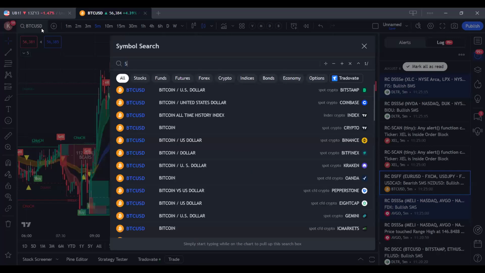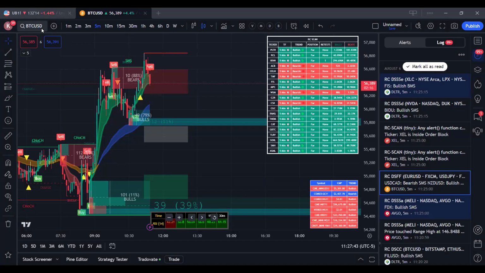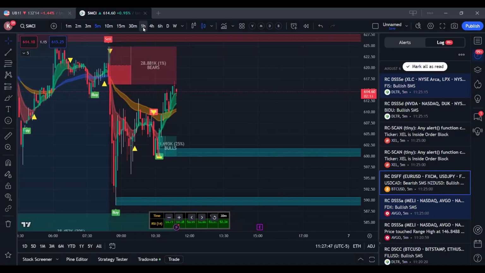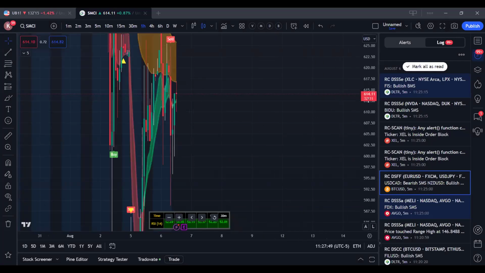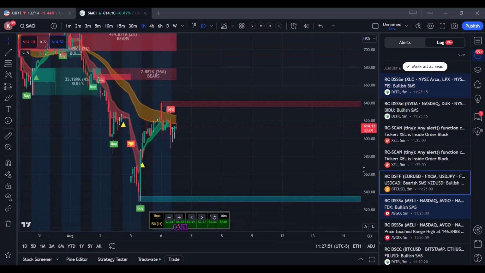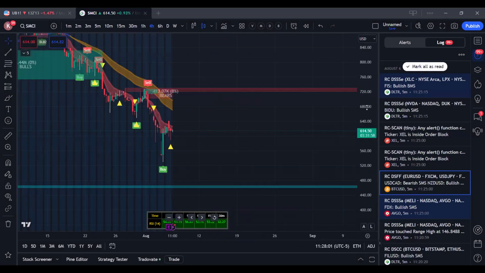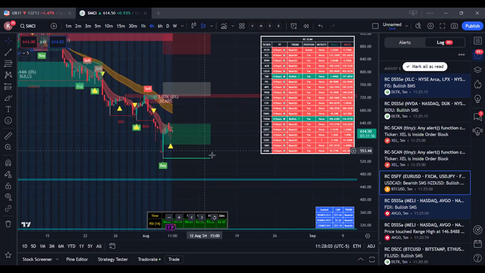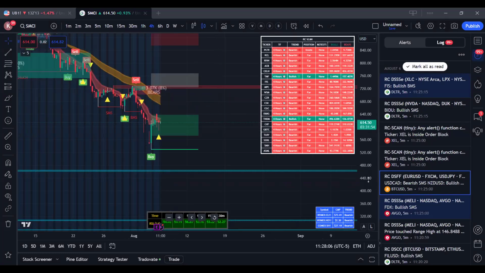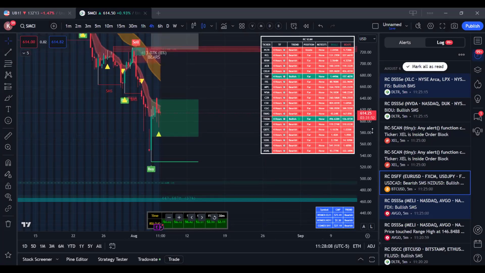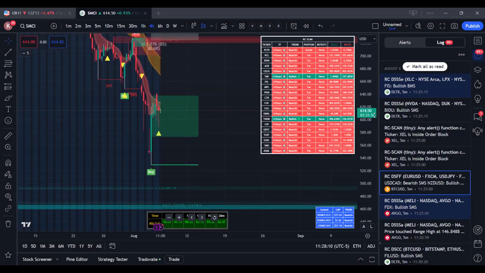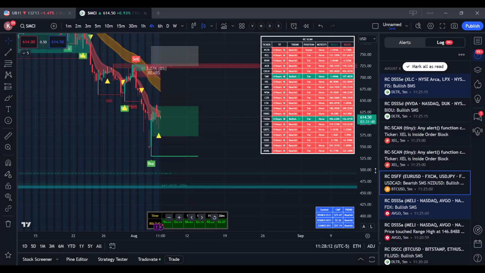SMCI earnings, I'll see based on the option flows. I'll post in the groups if I see any good huge option flows before end of the day.